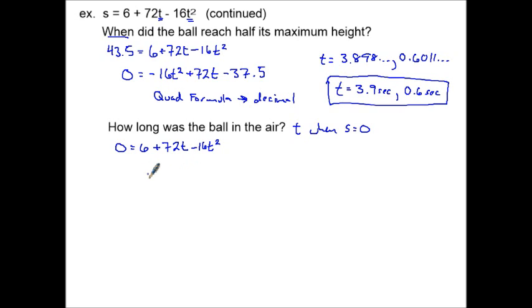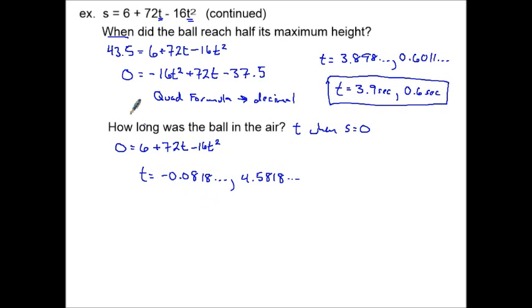The quadratic formula gives me, again, two answers, as expected. t equals negative 0.08 and some other messiness, and then 4.5818 and some other messiness as well. Well, how long was the ball in the air? I hope negative time doesn't make a whole lot of sense.